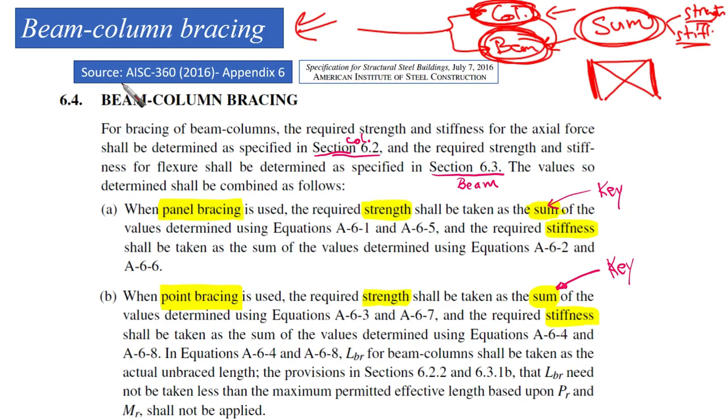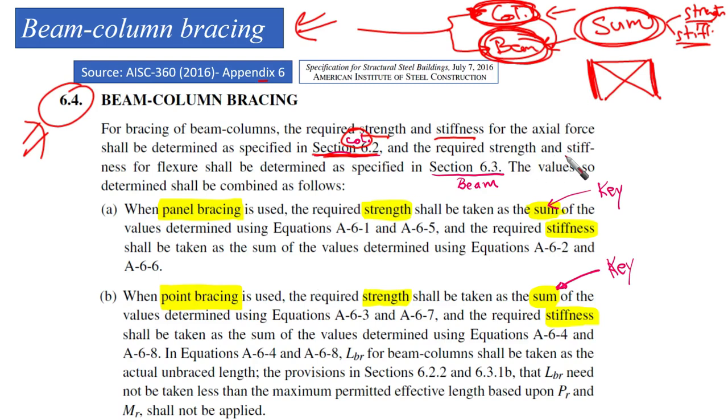So this is from the AISC Appendix 6. You can find it in section 6.4, beam column bracing. For bracing of beam columns, the required strength and stiffness for the axial force shall be determined as specified in section 6.2. In the appendix, that means it is column. These are the specifications or equations related to column.